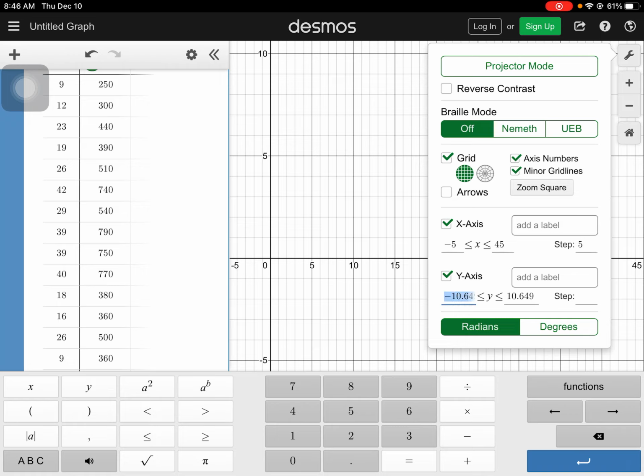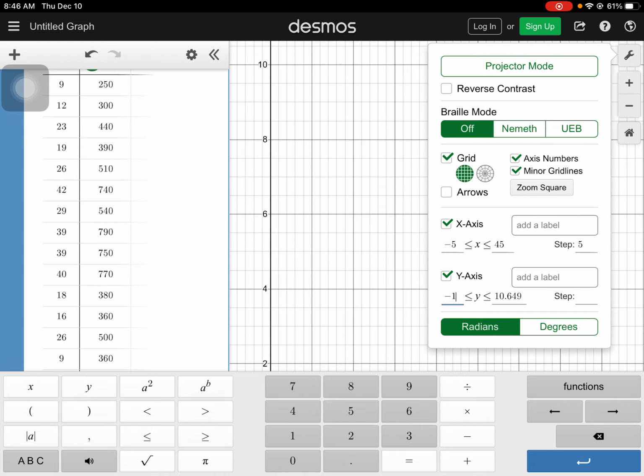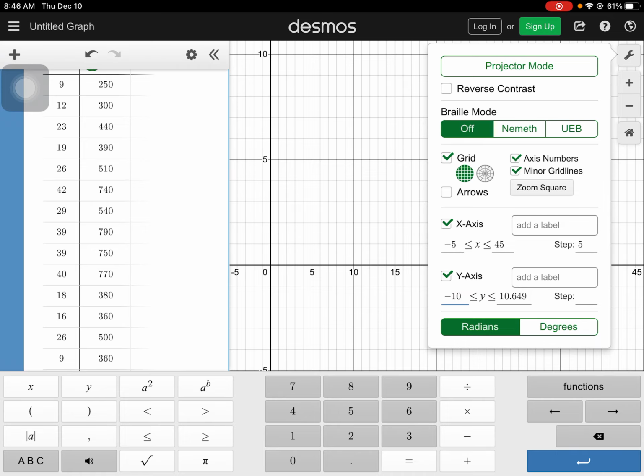On our y-axis, you can see that, again, these are really high numbers. So probably just -10 is fine for the y-axis minimum, so that we can see that y-axis. For the y maximum, we need to make sure we see the biggest number on our table.